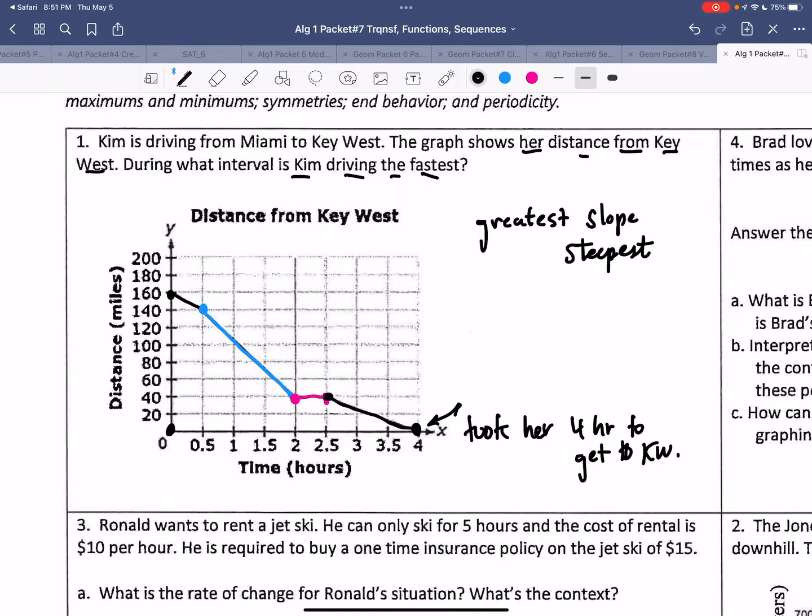Which one is the steepest? Think about a skateboarder: which one would be the scariest incline? It looks like this one is the scariest. So what interval was that? It was from 0.5 in the x to 2 in the x. Make sense?